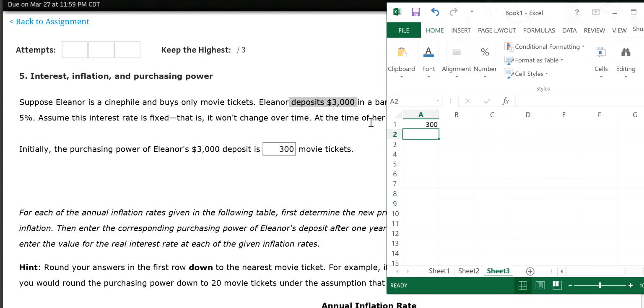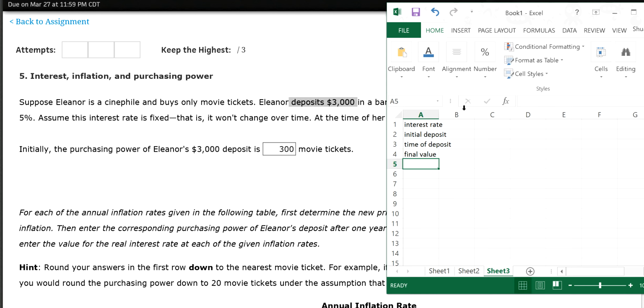So to find the final value, we're going to take our $3,000 initial deposit. Okay, let's do this. Let's start a new sheet. Let's type in interest rate, initial deposit, time of deposit, and then final value.